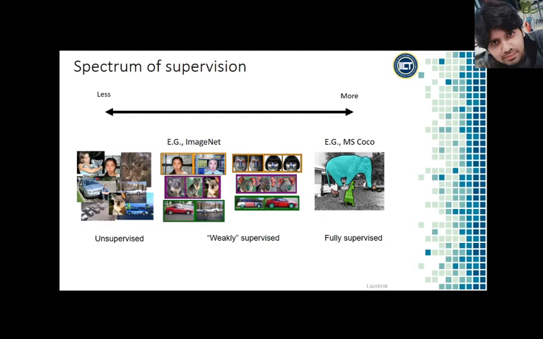For fully supervised, of course, each and every object has been annotated in a specific manner. Now there is another category, which is semi-supervised learning, which aims to label unlabeled data points using knowledge learned from a small number of labeled data points. Active learning is one of the fields which deals with semi-supervised strategies.